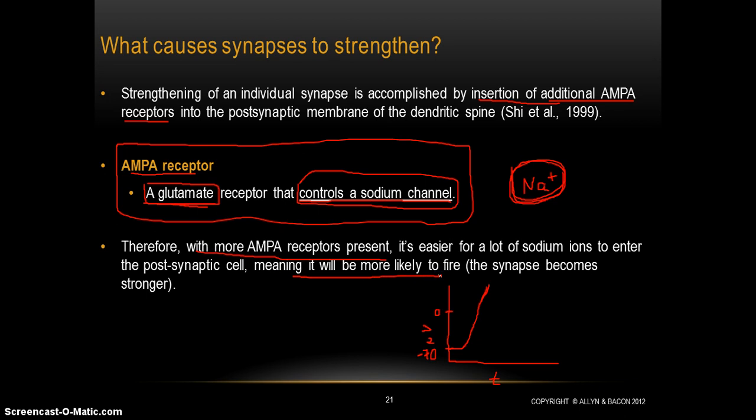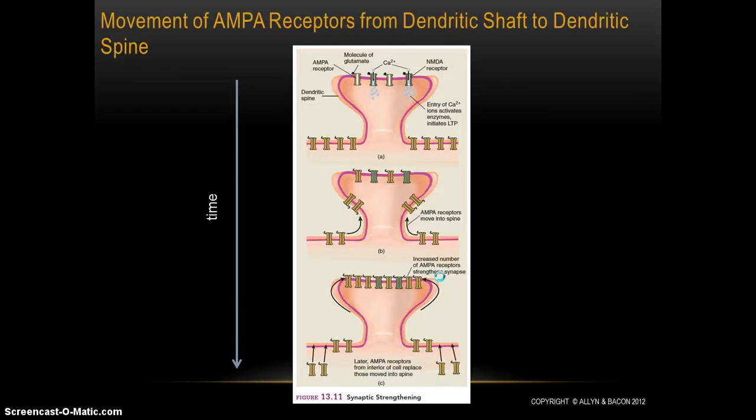It will be more likely to generate an action potential, because a lot of sodium ions can come rushing inside the cell. And if it's easier for a neuron to generate an action potential, then what we're really saying is that the synapse has been strengthened, right? The postsynaptic neuron is now more likely than it was before to generate an action potential.